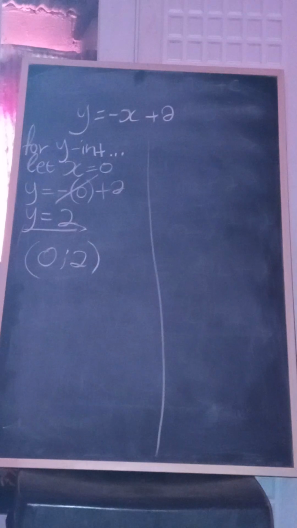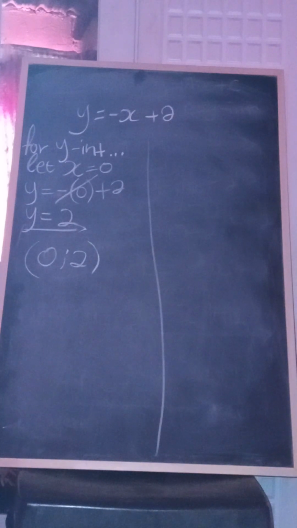This is part 2. Continuing on what we were talking about, we are interpreting the x and y intercept of this equation. In the previous video, we started where this equation was plotted in a graph.